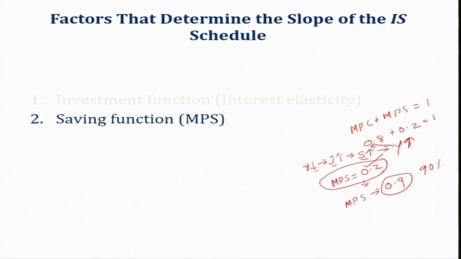So the saving function influences in this way: when the MPS is very high, only a small increase in income is required so that the product market is in equilibrium, that means I is equal to S, right. In contrast, if the MPS is very small, then for a decrease in the rate of interest, a large increase in income is required so that the necessary amount of saving can be generated.